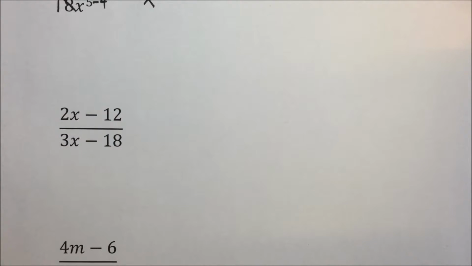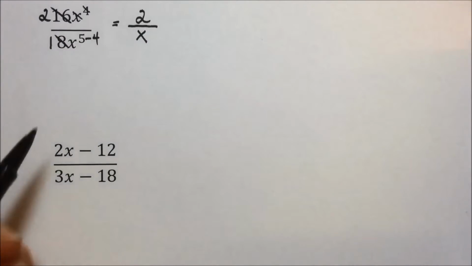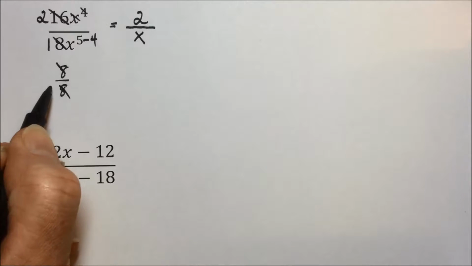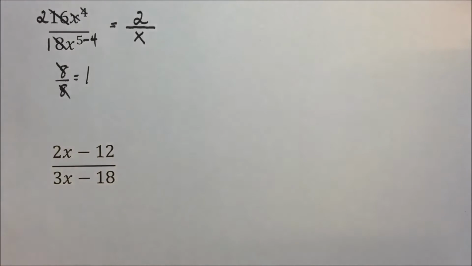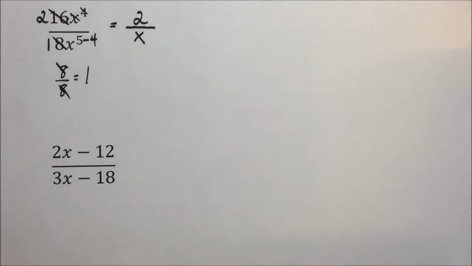In this next problem, when we're reducing, we're looking for common factors that cancel out. In this previous example, we had an 8 over 8, which canceled out, leaving us with a 1, because it was a common factor, something that was multiplied together.